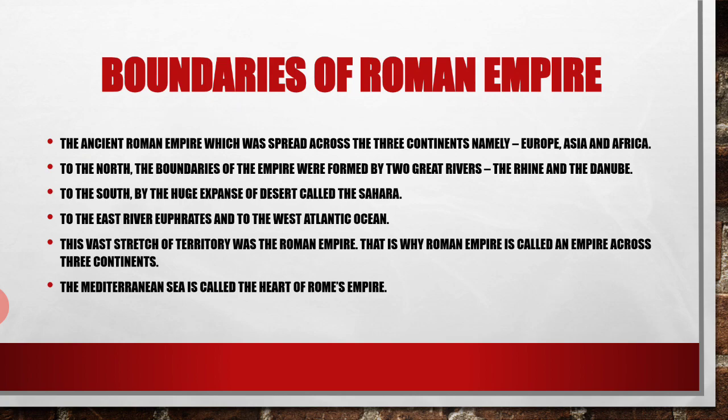To the east, the river Euphrates, and to the west, the Atlantic Ocean. The vast stretch of territories was the Roman Empire. That is why the Roman Empire is called the empire across three continents. The Mediterranean Sea is called the heart of the Roman Empire.